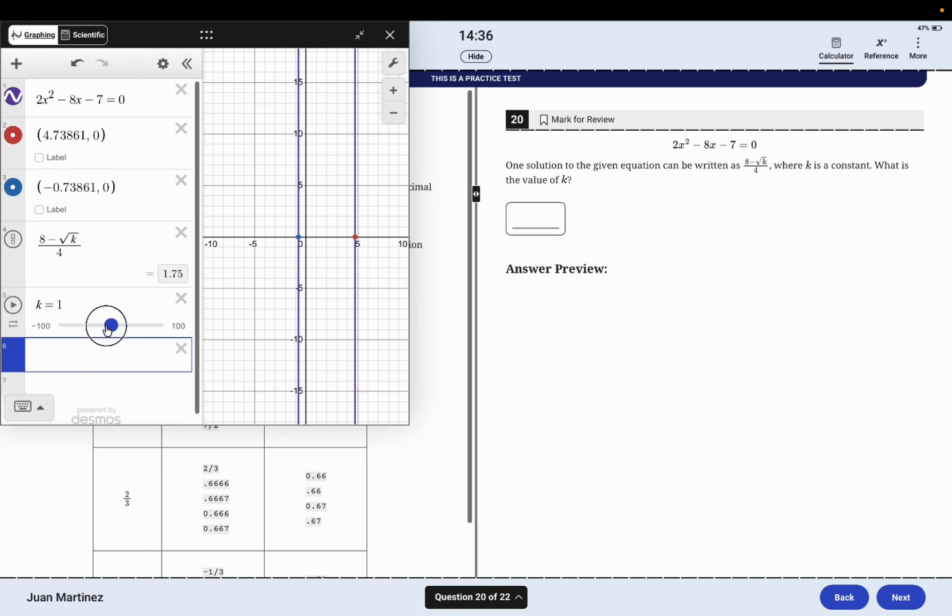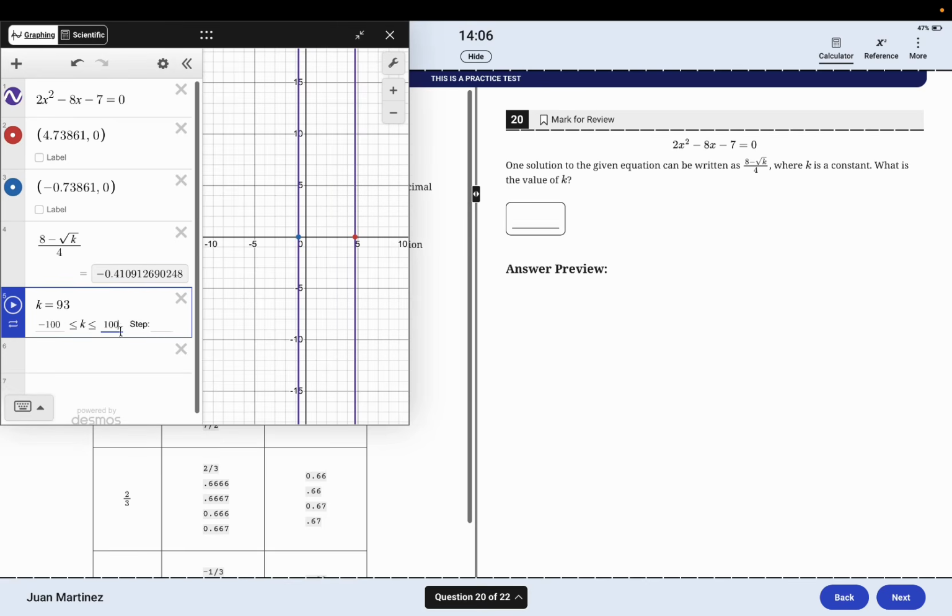So let's see. Okay, so we can't go negative. It becomes undefined. That makes sense. So as we move k closer, it looks like it's going further away from 4 points. So it's probably going to be this one, if I were to imagine. I just need to get to it. Oh, I need to increase my boundary.